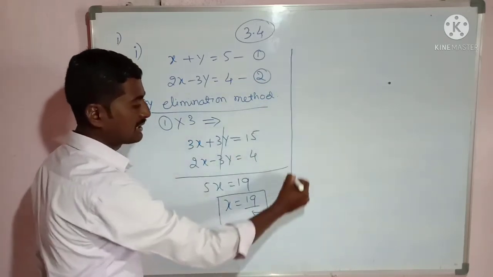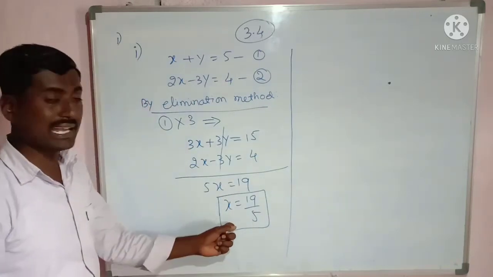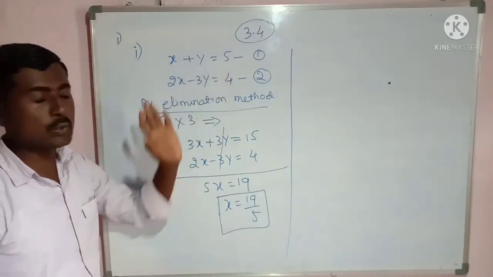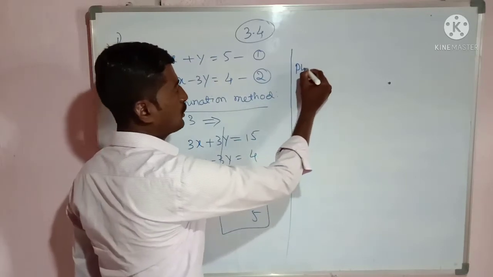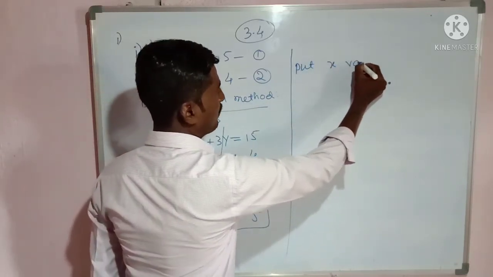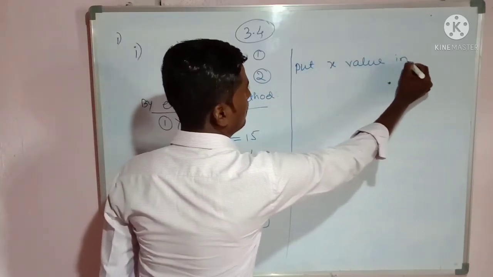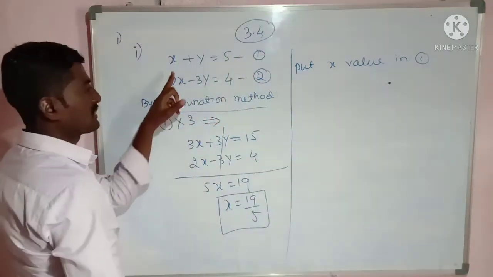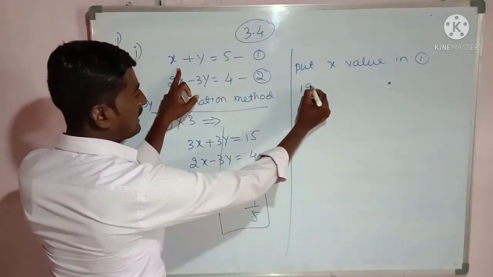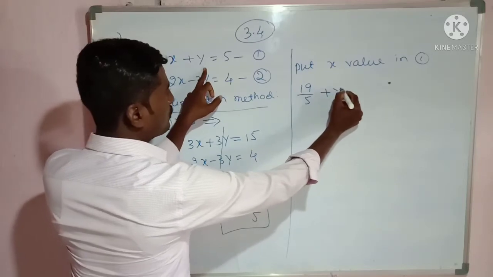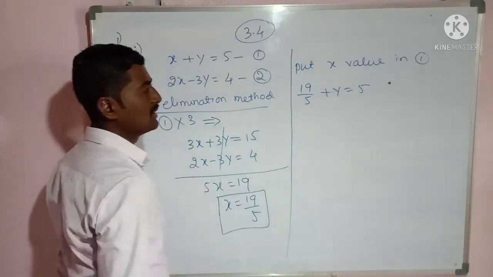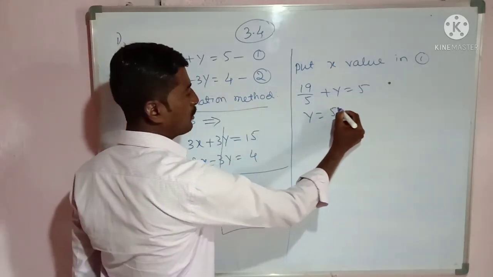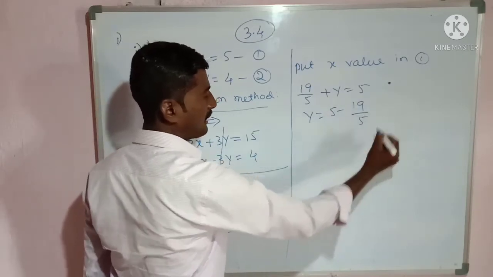Now I have to find the value of y by substituting the x value in equation number 1 or 2. Put the x value in equation number 1. Here x plus y is there. x is nothing but 19 by 5, plus y equal to 5. So y equal to 5 minus 19 by 5.